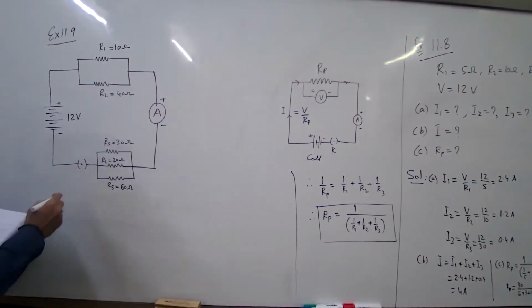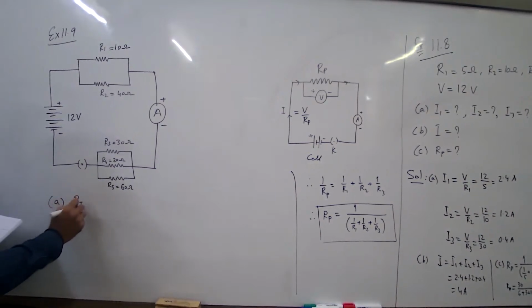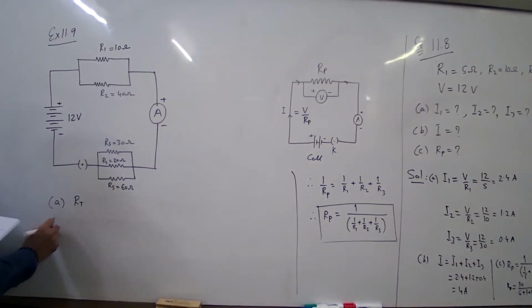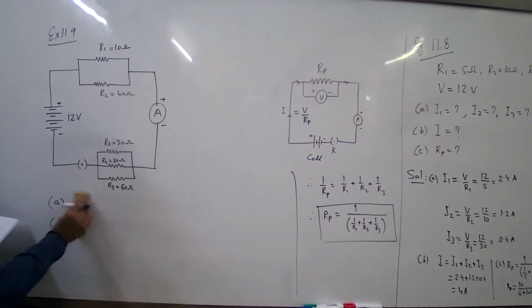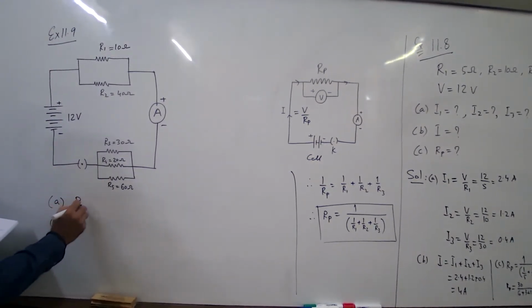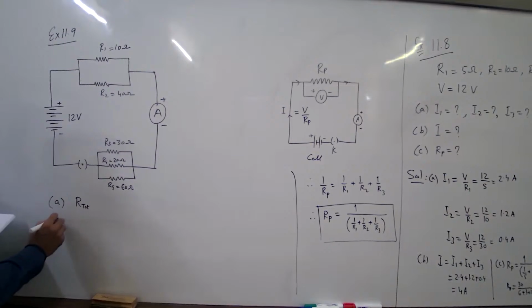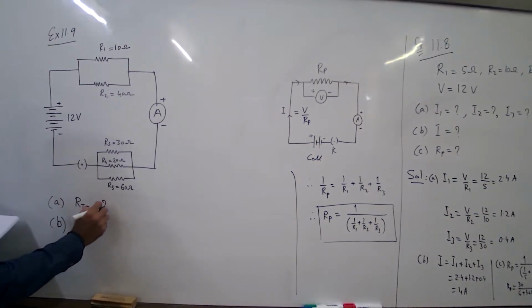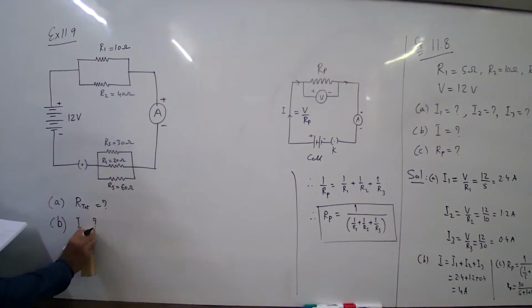So you have to find the total resistance of the circuit, R total. Then you have to find the total current. This is also total.